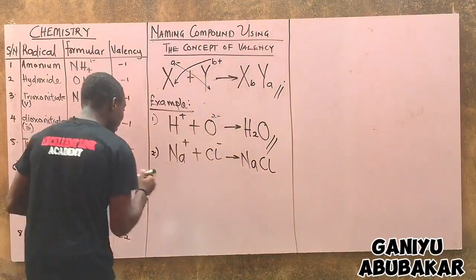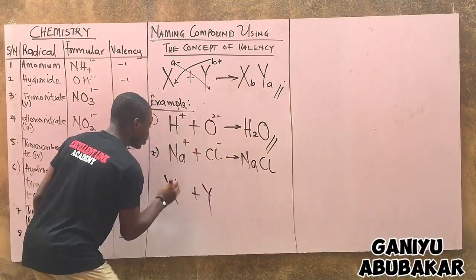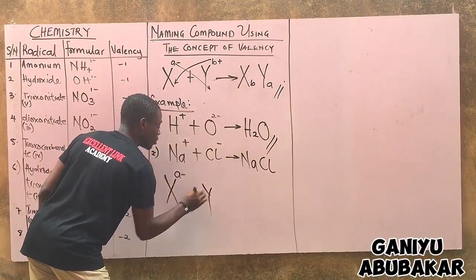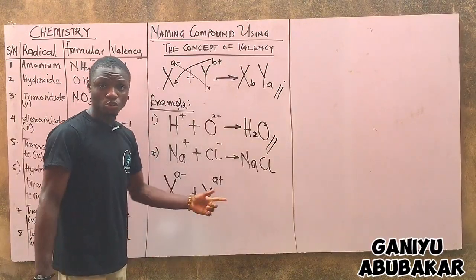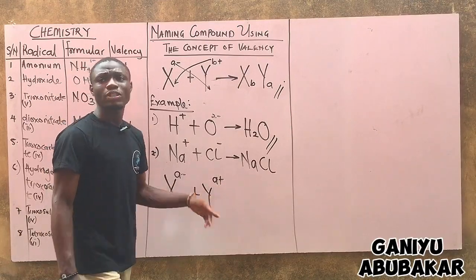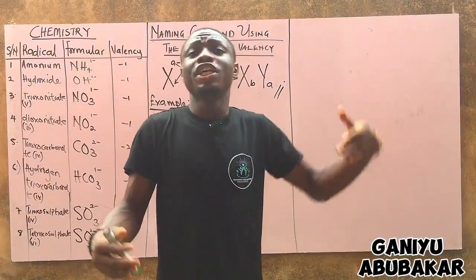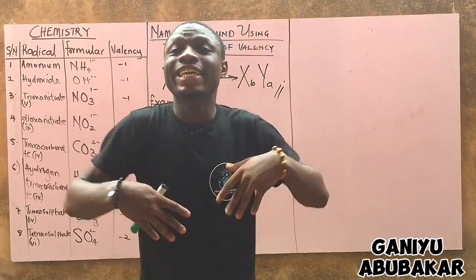Let's say X is combining with Y, such that X is power A minus and Y is A plus. This can combine because they are opposite charges, but the same number. In this case, they exchange their power normally, ignoring the sign, such that at the end they cancel out.